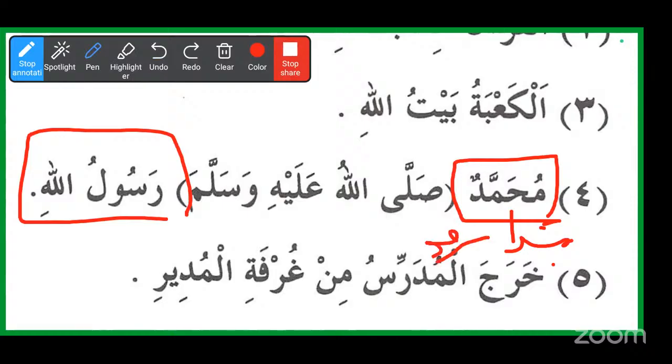When we say mubtada, it is understood that it is marfu, because all mubtada is marfu. And Rasulullah is actually mudaf plus mudafun ilay. Mudafun ilay will become majroor. This word is majroor, but the whole thing Rasulullah is marfu.